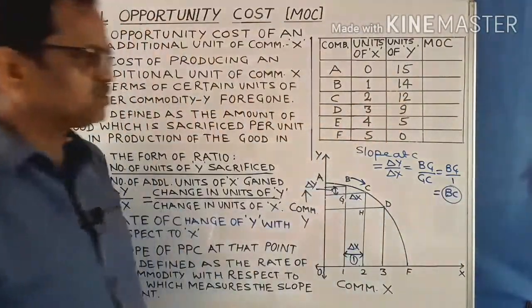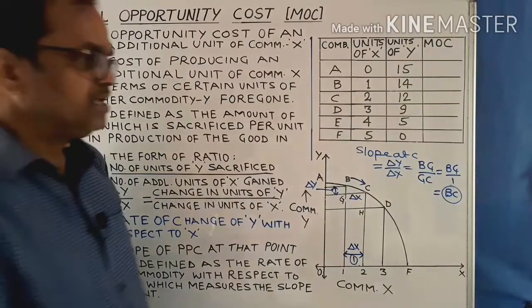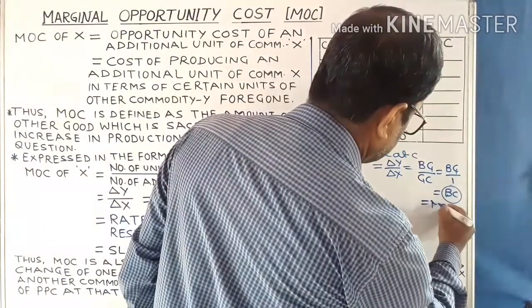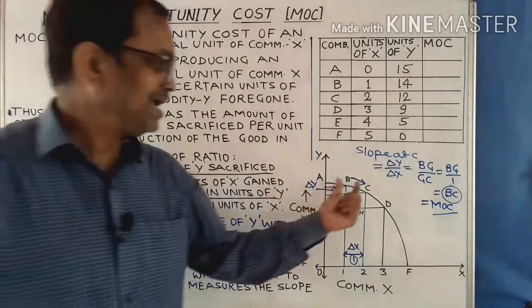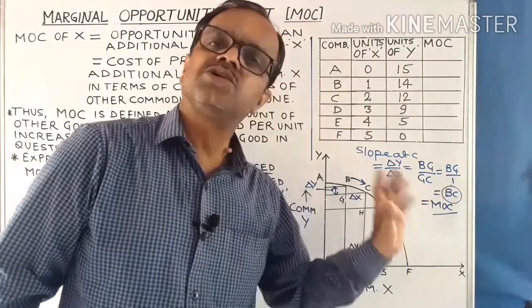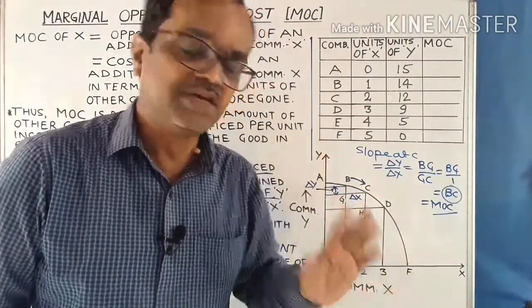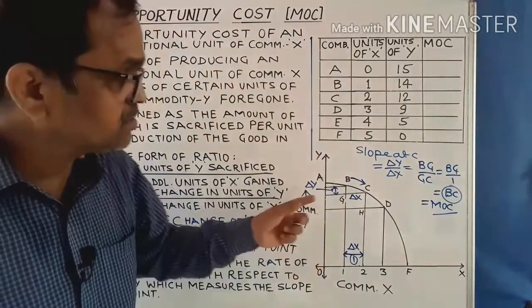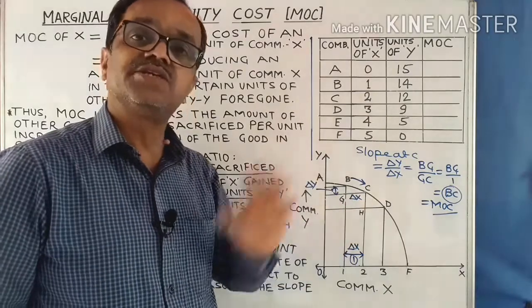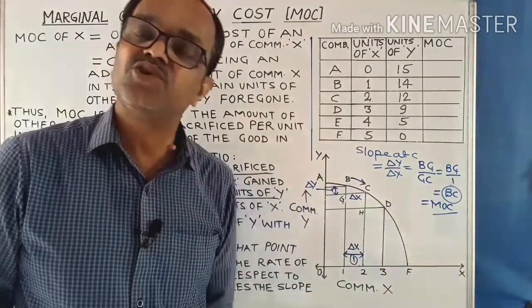Means BC is the slope at the point C, and that is equal to MOC at point C. Means marginal opportunity cost at C is equal to the total quantity of BC. Means BC units of commodity Y is sacrificed to produce one additional unit of commodity X at point C.